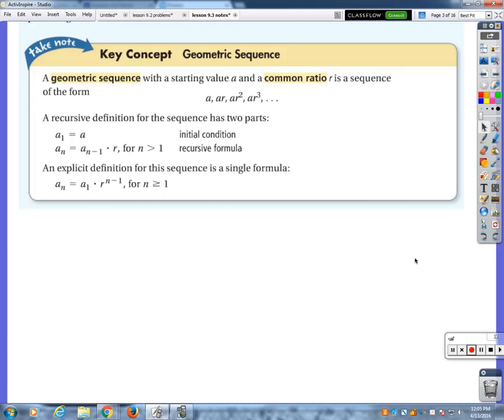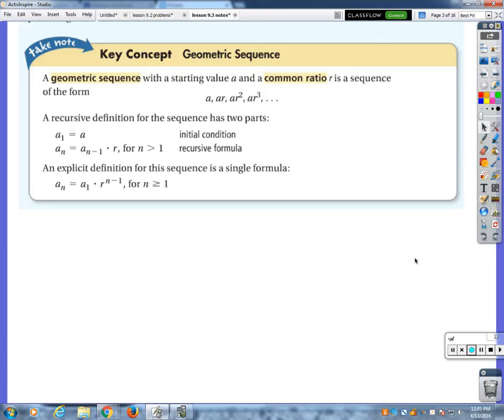Just like with arithmetic sequences where you can add a negative and it still counts as adding, with geometric sequences, how can you divide using multiplication? You multiply by a fraction. So when you're multiplying by a fraction, you really end up dividing.